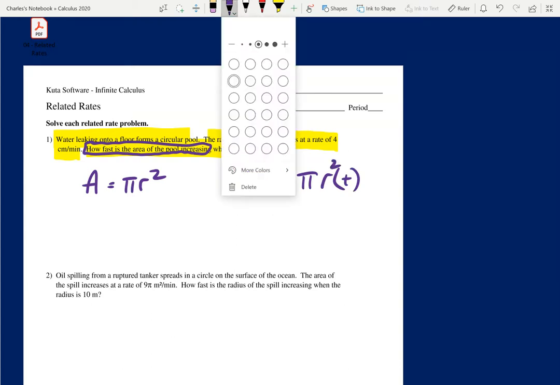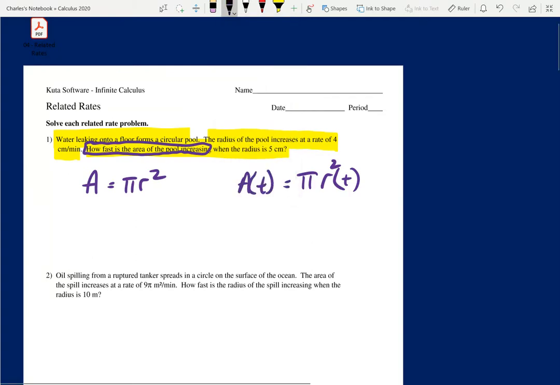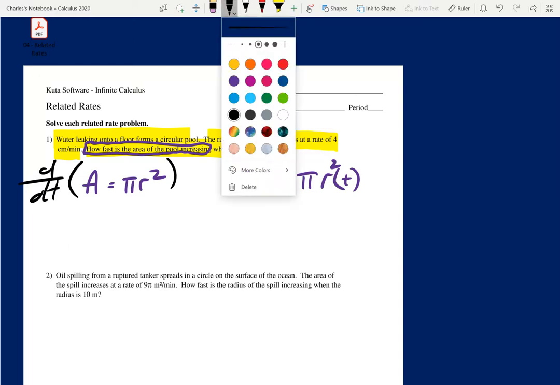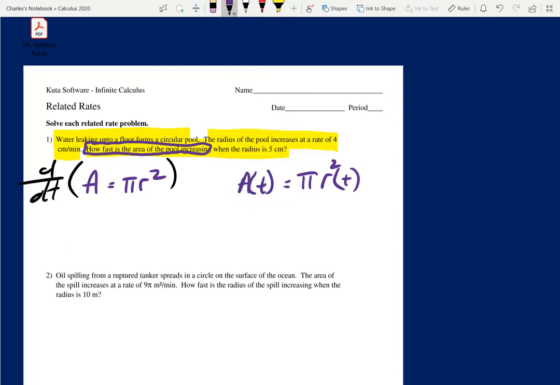I'm going to work on the one on the left, but the one on the right gives you a good way to think of it. So when I'm solving it, I take the derivative with respect to t, and I get dA/dt is equal to 2 pi r dr/dt.